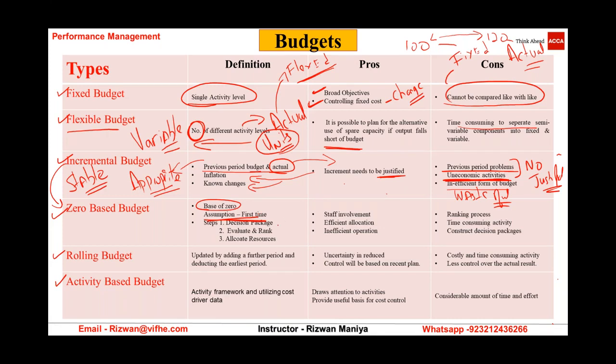The steps include, we make a decision package about each activity. So for each activity, we make a decision package. For example, canteen, for example, maintenance. These are all activities that are conducted in an organization. Now, what is a decision package? Decision package indicates the purpose of the activity, why the activity is important.